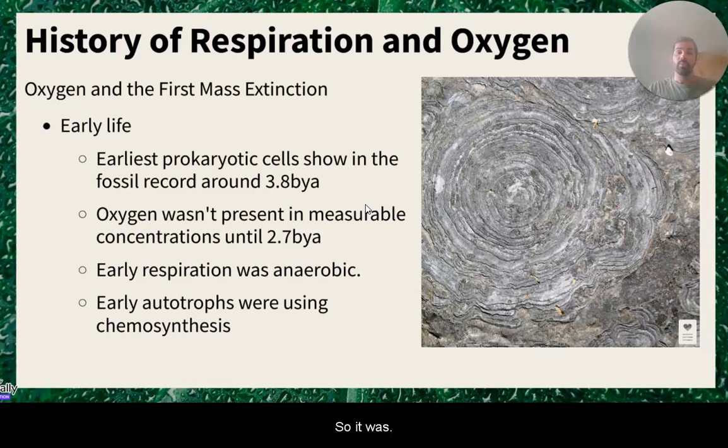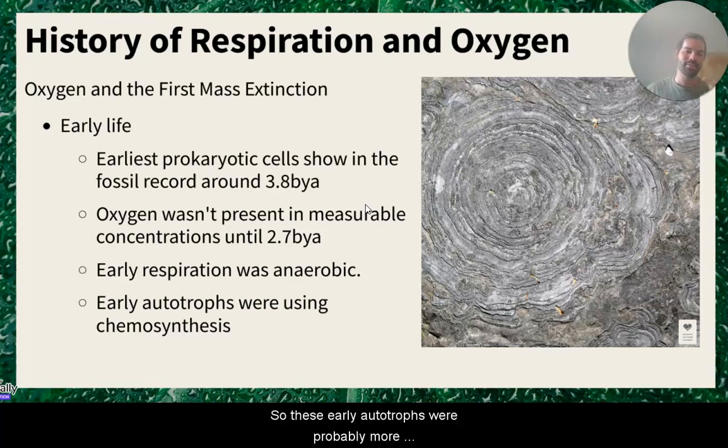So there was life, but it was all pretty anaerobic. The earliest forms of respiration would have been anaerobic respiration, anaerobic metabolic pathways for breaking down chemical energy and turning it into another form of chemical energy that could do work within the cell.